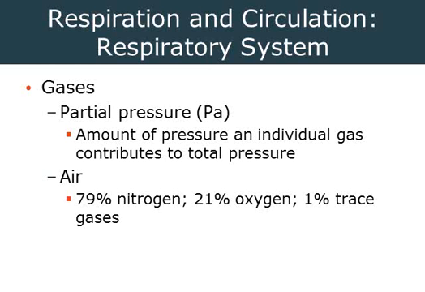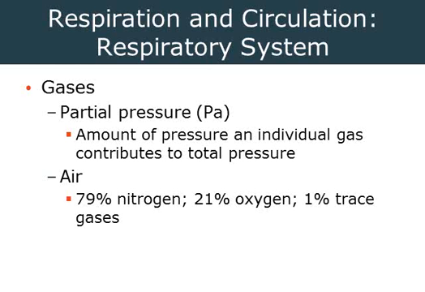So at 760 torr, if we multiply 760 times, we'll say, the 79% that they use in the book, if we multiply that by 0.79, we get 600.4, and that would be the partial pressure of nitrogen in room air at sea level.